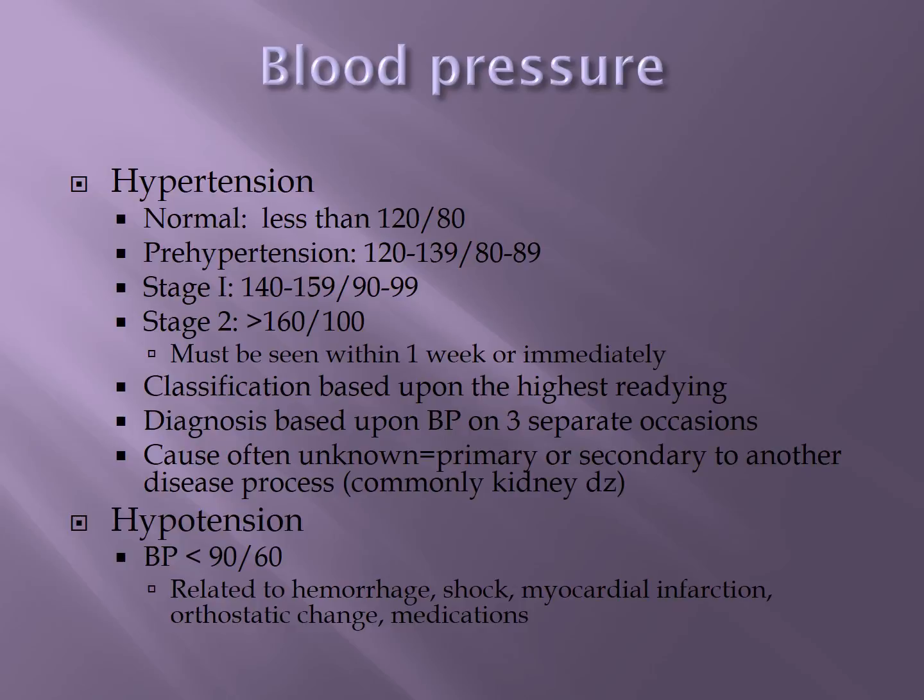Really, before we say that someone has hypertension and start putting them on medications, we need to take the blood pressure on 3 separate occasions to make sure that that rate is elevated. The most common type of hypertension is known as primary hypertension, which means we really don't have a clue as to what is causing it.